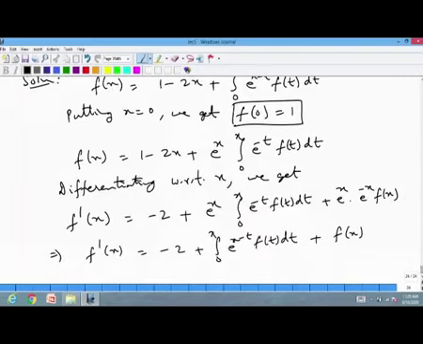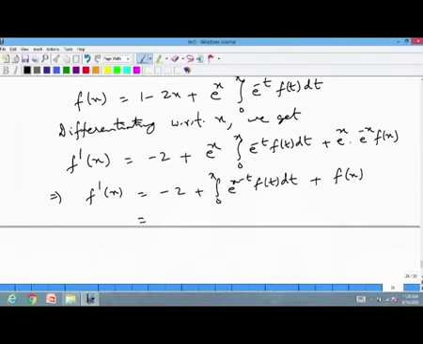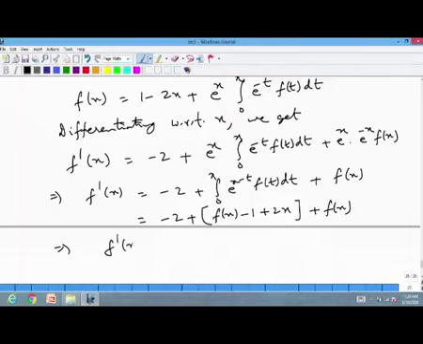So, this I will write as minus 2 plus f x minus 1 plus 2 x, and then we have plus f x. So, this gives f prime x minus 2 f x is equal to 2 x minus 3.